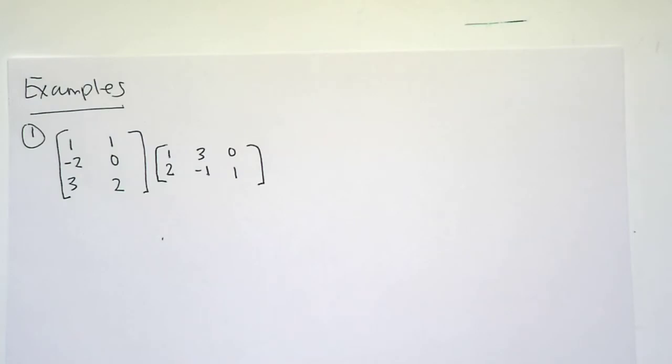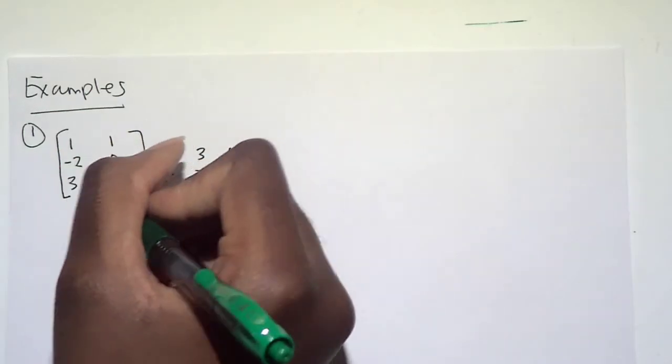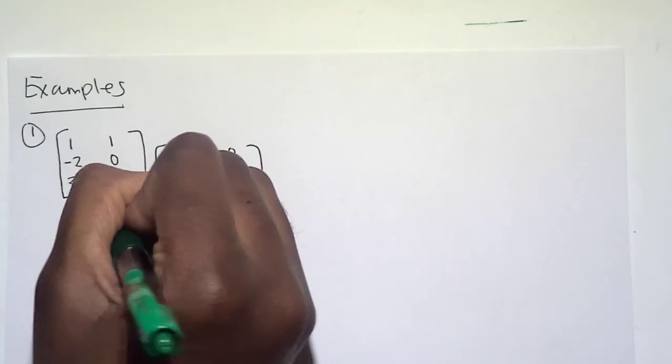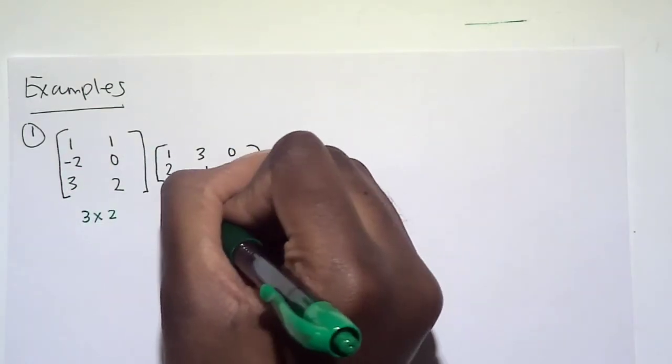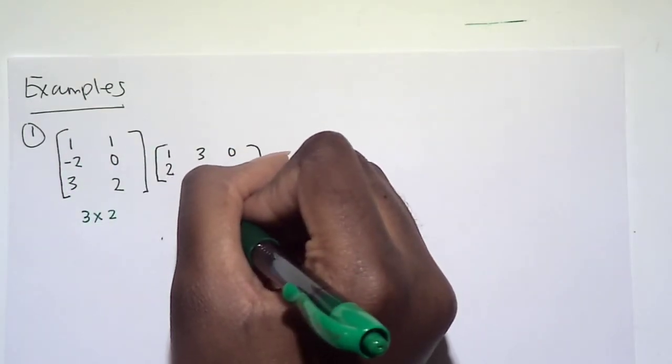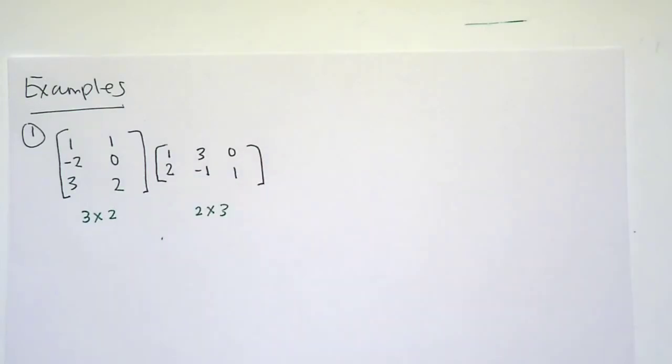Remember I said dimensions are very, very important. This is a 3 by 2 matrix. This is a 2 by 3 matrix. Notice how the inside numbers match up, and we see that our result should be a 3 by 3 matrix.